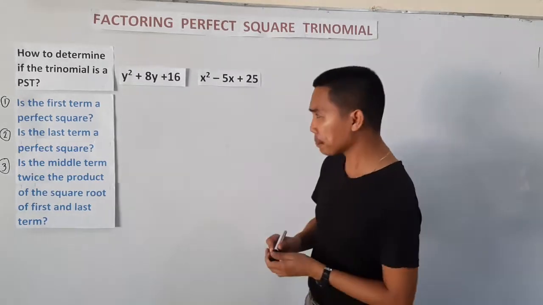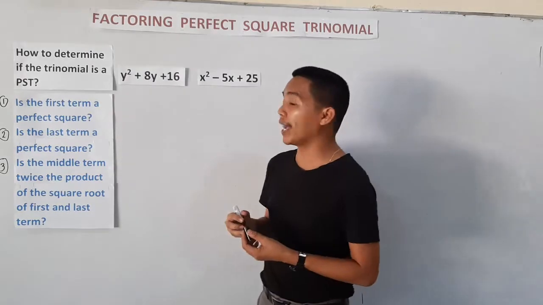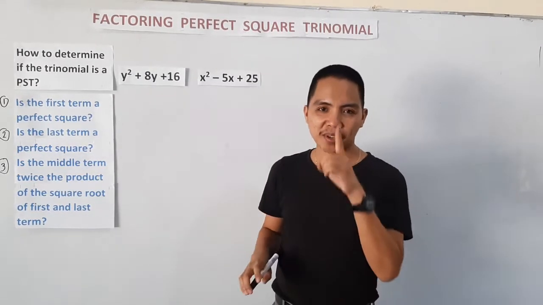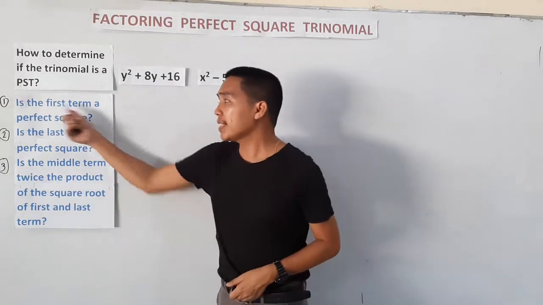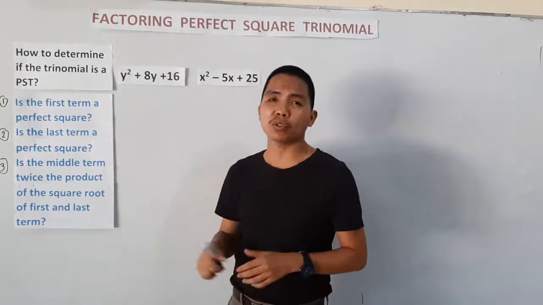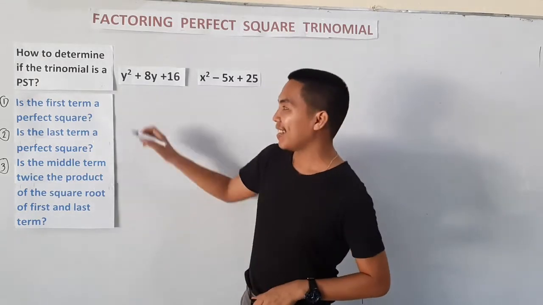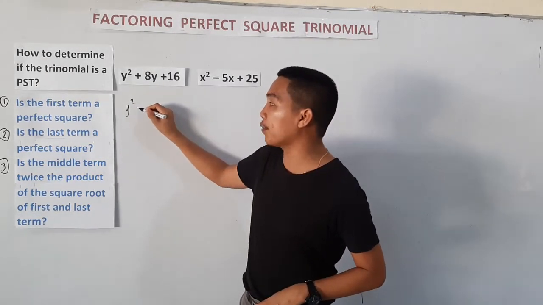Okay, number 1. We have here y squared plus 8y plus 16. The first question: is the first term a perfect square? Meaning, perfect square ba itong y squared?